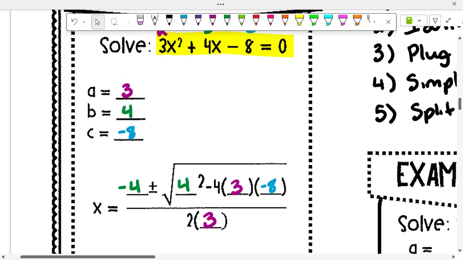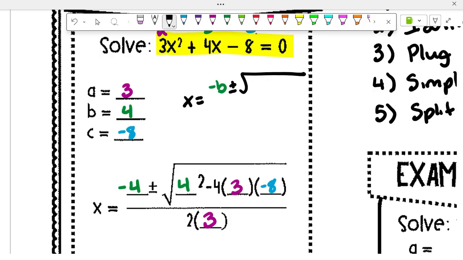So again, all I did was just replace. So if I have x equals, I have negative b plus or minus the square root of b squared minus 4ac all over 2a.